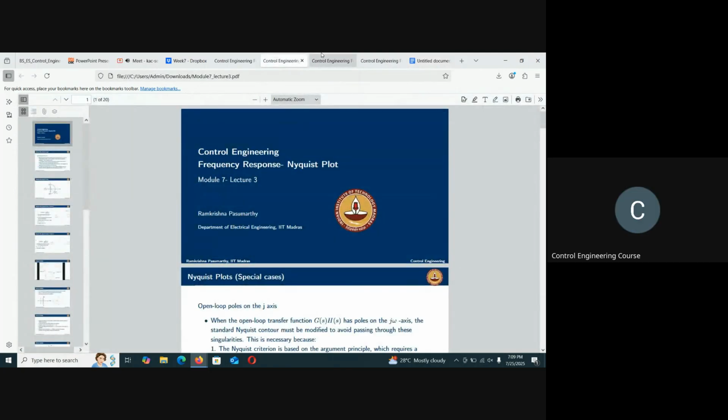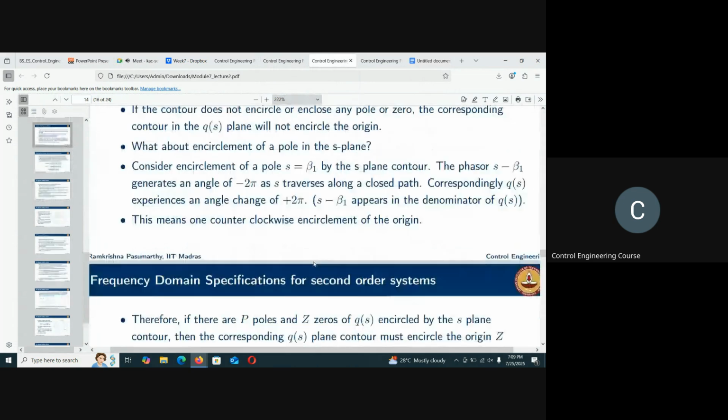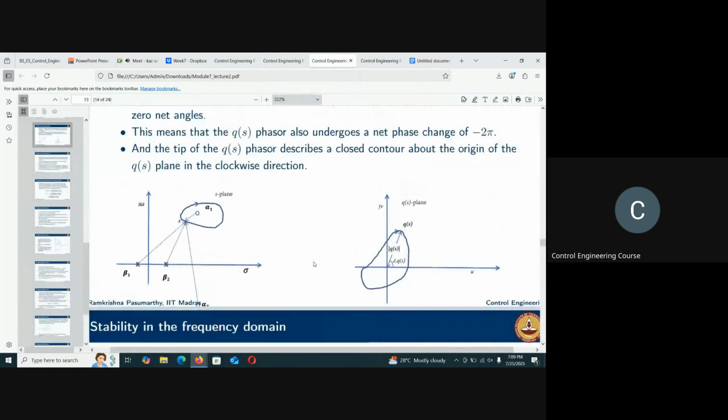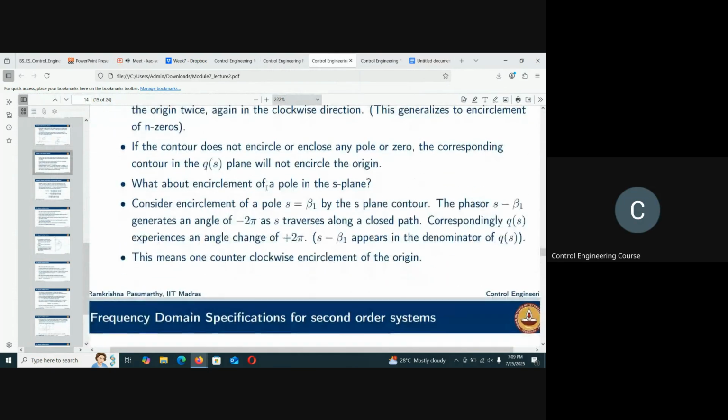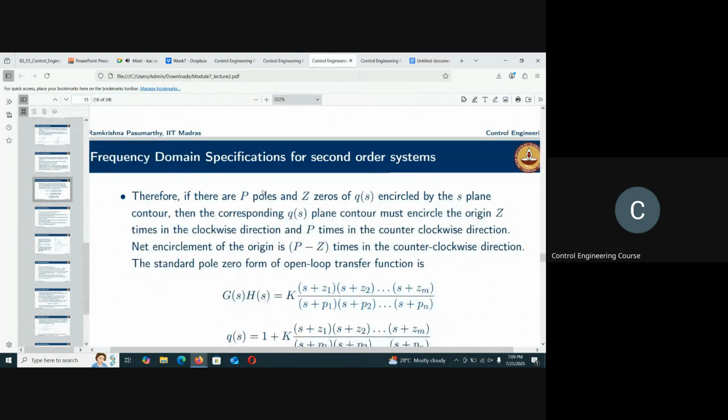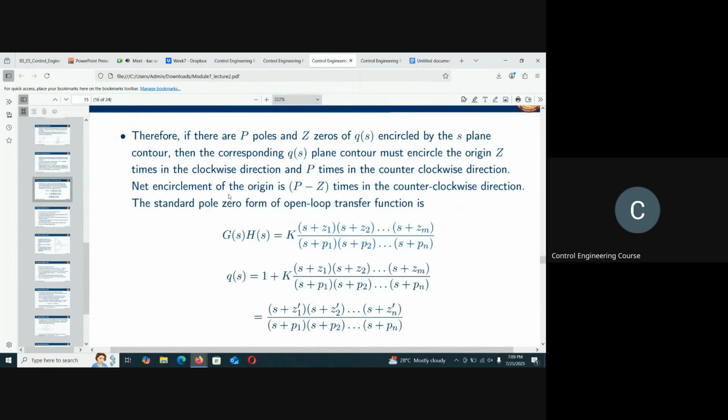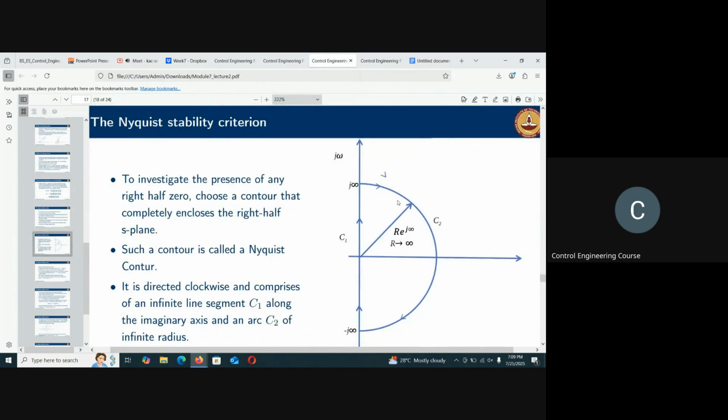This we already saw previously. Taking an S-plane plot, the number of counterclockwise encirclements is P minus Z, the number of poles and zeros inside the contour. But our contour encloses all the right half plane.